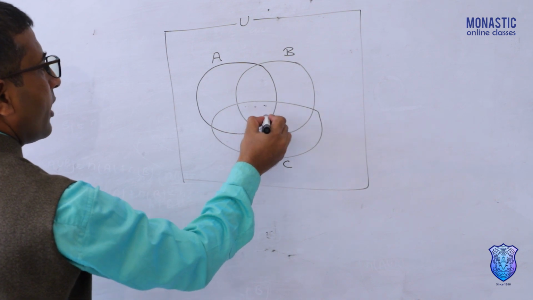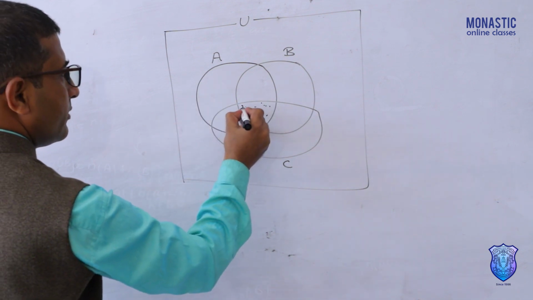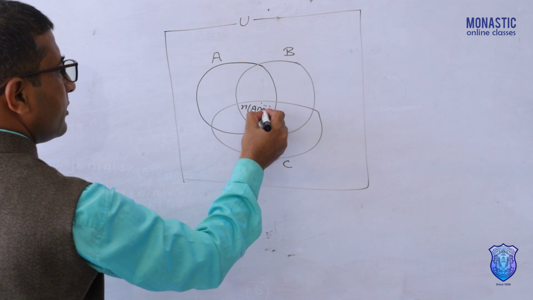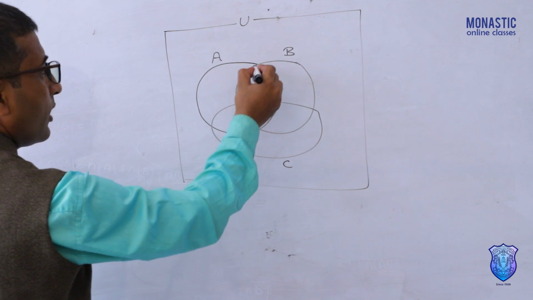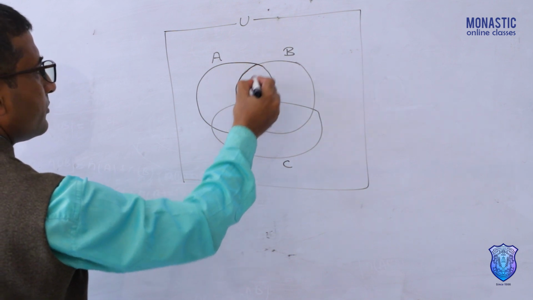What is this common part's name? This is number of A intersection B intersection C. What are these parts only?